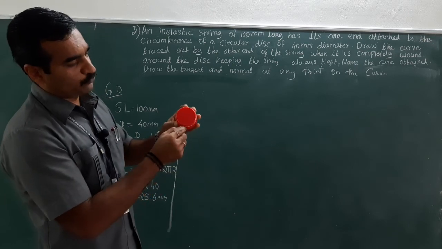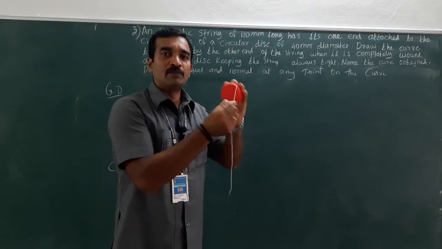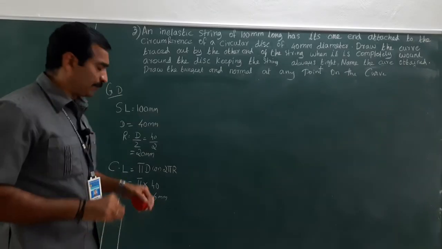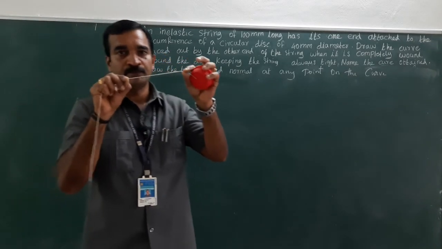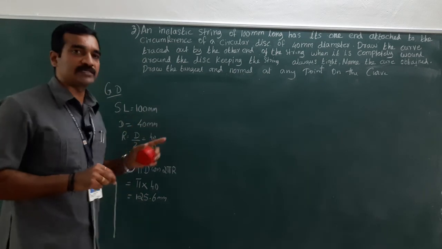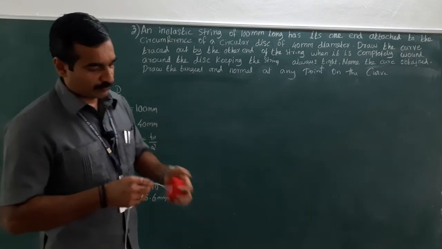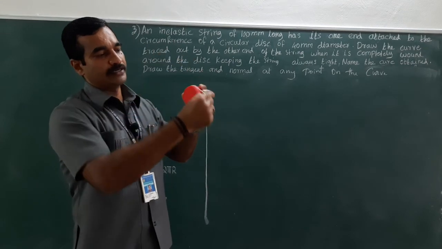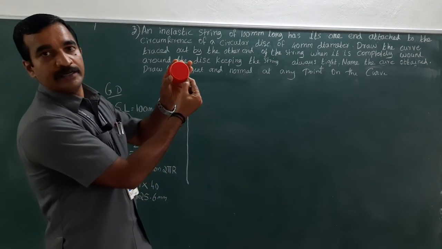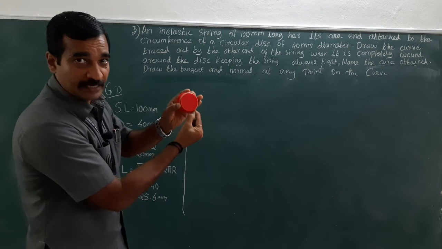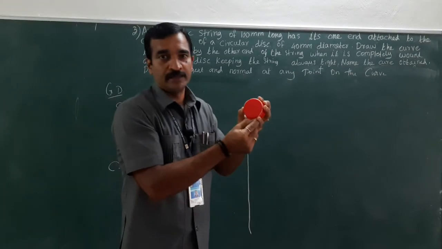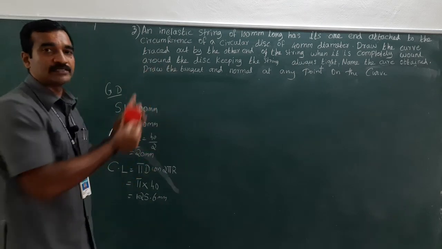To complete one full turn or one full convolution, we need a string length of 125.6, whereas here the string length is given only 100 mm. Suppose this is my 100 mm, and look at here. It is incomplete of one full turn. There is a shortage of string. This is what is happening for this question.